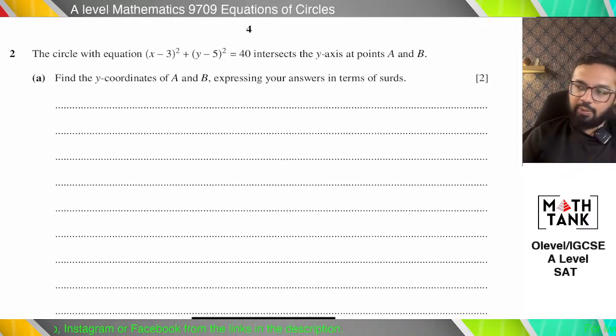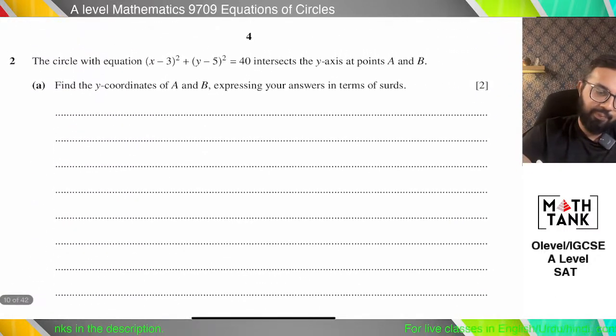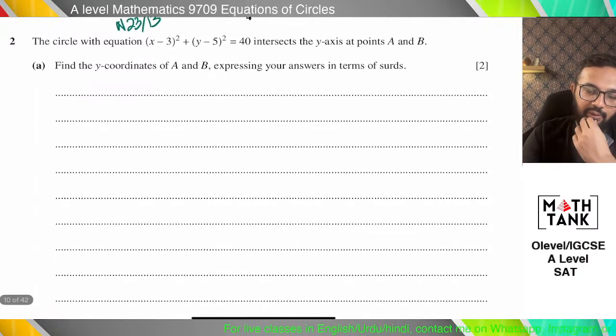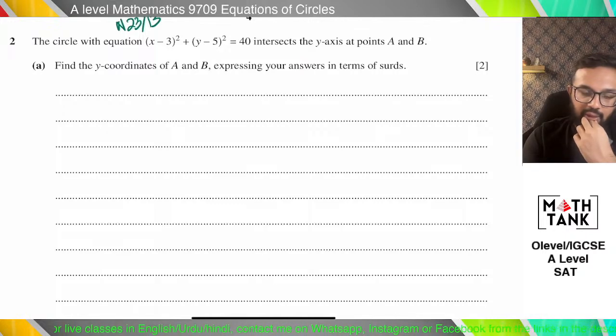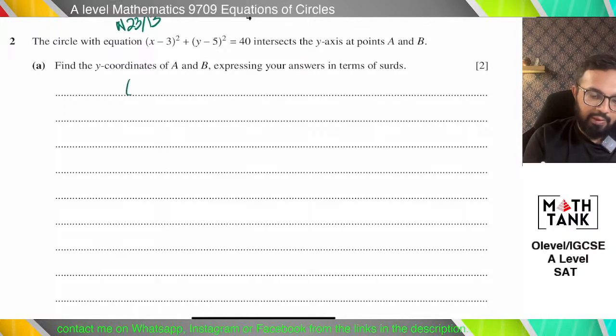Okay, this is question number 2 from November 2313. It says the circle with equation this intersects the y axis at the points A and B. Find the y coordinates of A and B. So x is 0.